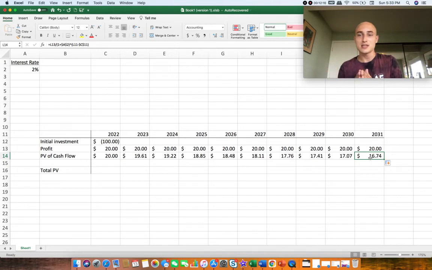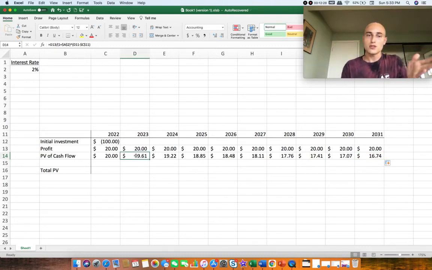In 2031, you're discounting by 1.02 times 1.02 times 1.02, and so forth. Whereas in 2023, you're only discounting by 1.02 one time. So the more you go out on the timeline, the more you're discounting and the less valuable it is.